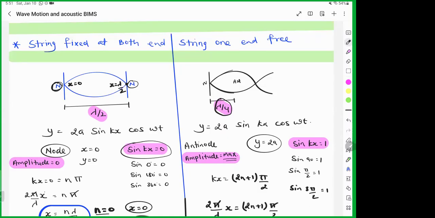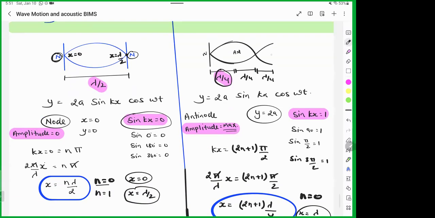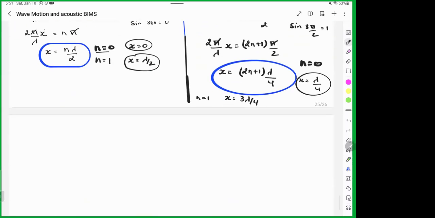This is lambda by 4. This is lambda by 4. What will be the position of the third antinode? Second antinode, sorry. 3 lambda by 4. Yes or no? If you see here, what will be the position of node?